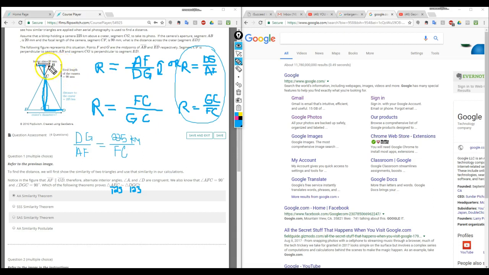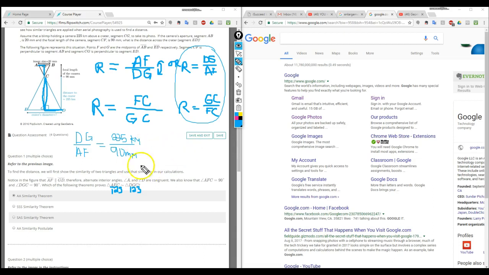And we know that the focal length of the camera was given as 90 millimeters, and that's from F to C. So FC is 90 millimeters. Now that's going to cause unit issues because they have to be in the same unit.